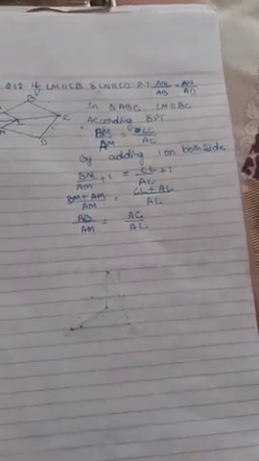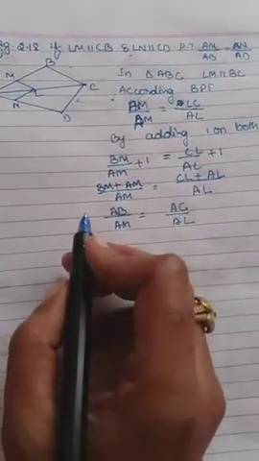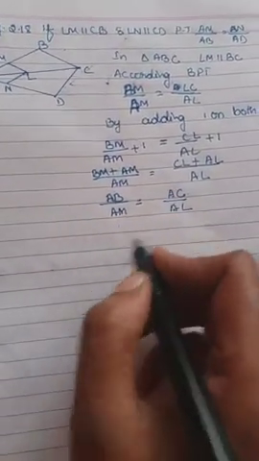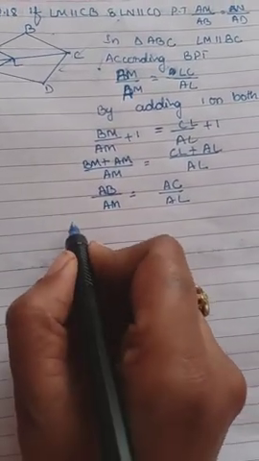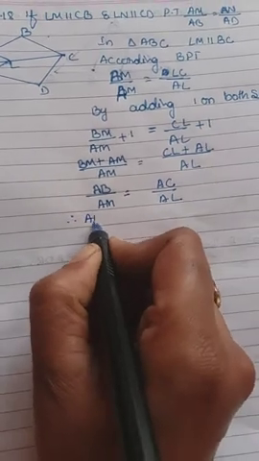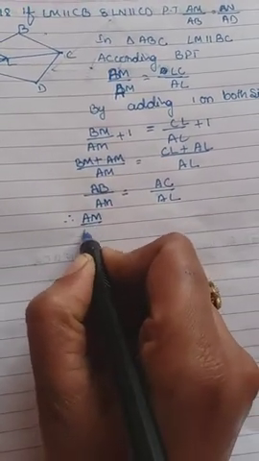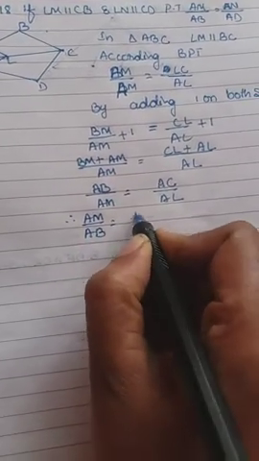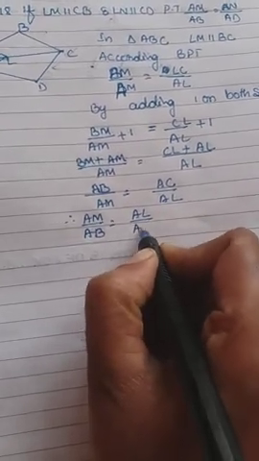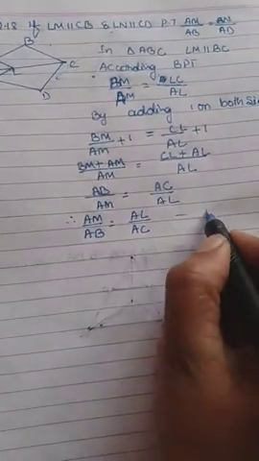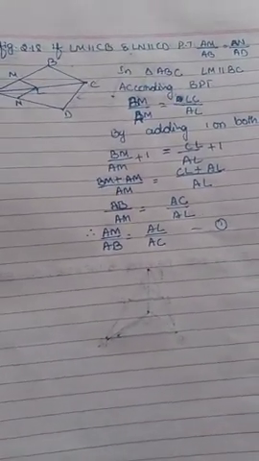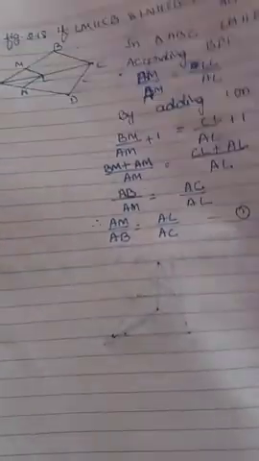Therefore, taking the inverse, AM divided by AB equals AL divided by AC. Take this as equation 1. This is in triangle ABC.